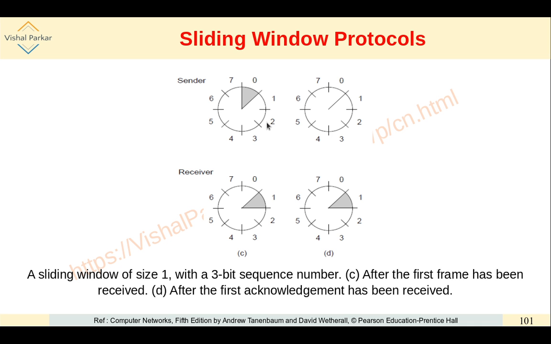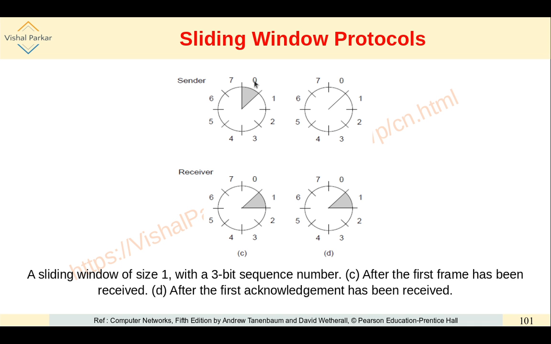Now in these diagrams, C and D, figure C indicates what happens after the first frame has been received. As you can see, the sender has opened the window for frame number 0.